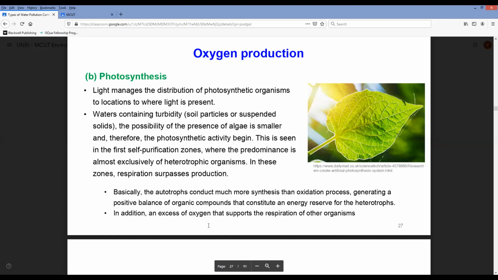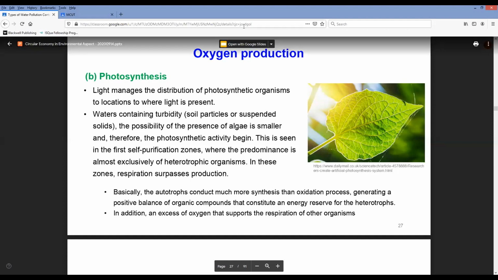Basically, the autotrophic organisms conduct much more synthesis than oxidation process, generating a positive balance of organic compounds that constitute an energy reserve for the heterotrophic organisms. In addition, there is an excess of oxygen that supports the respiration of other organisms. Okay, next please.